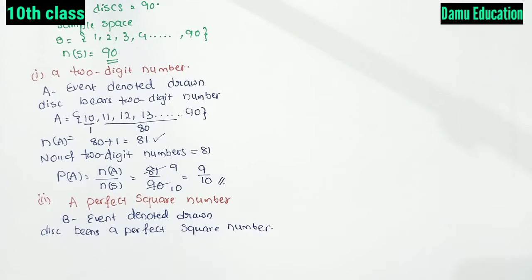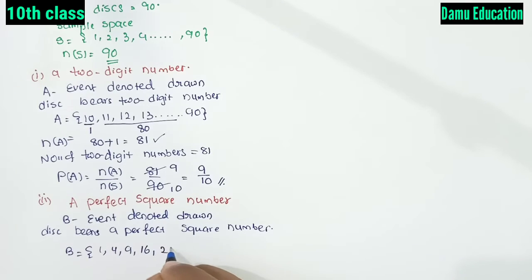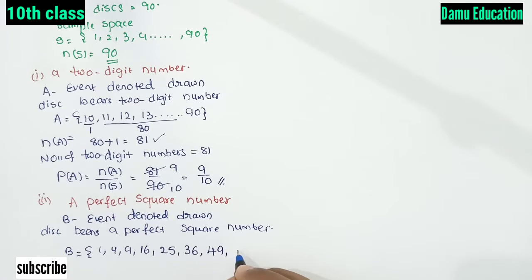B is the set of perfect square numbers: 1, 2 squared is 4, 9, then 16, 25, 36, 49, and again 64 and 81. After that there are no perfect square numbers.